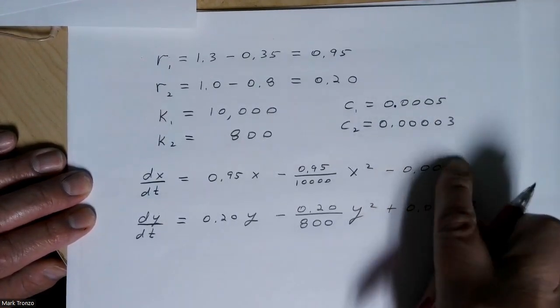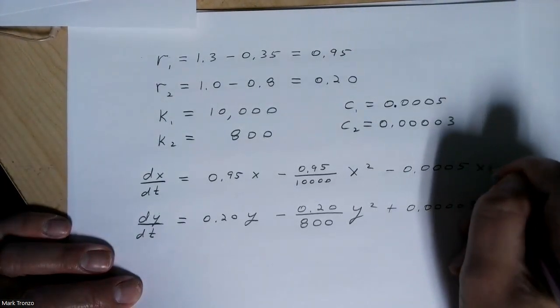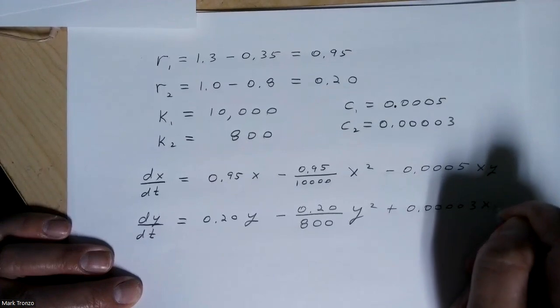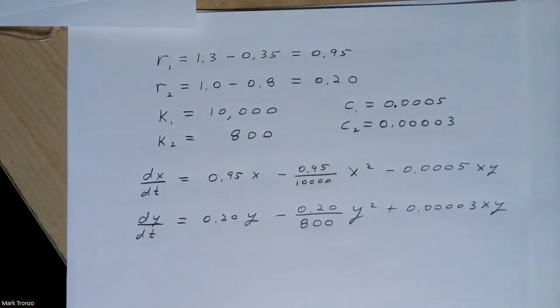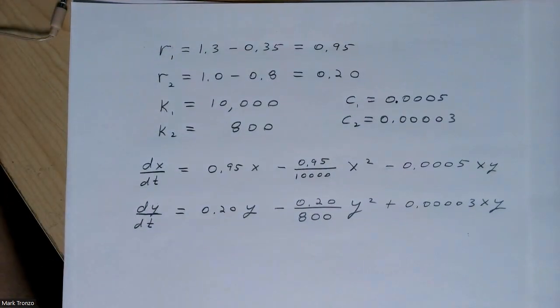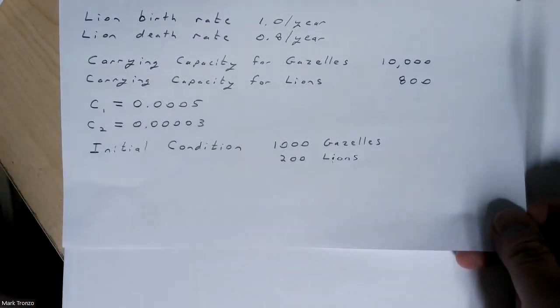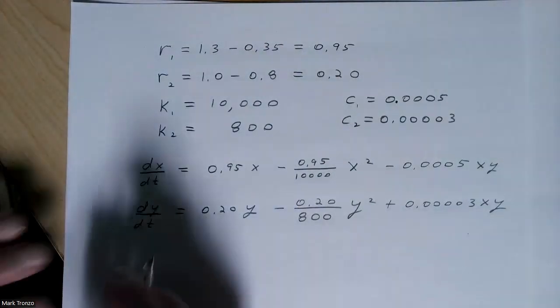Oh, by the way, up here, I forgot something. Please fix this. This should be X times Y, X times Y, like this. And finally, the initial conditions, 1,000 gazelles and 200 lions.